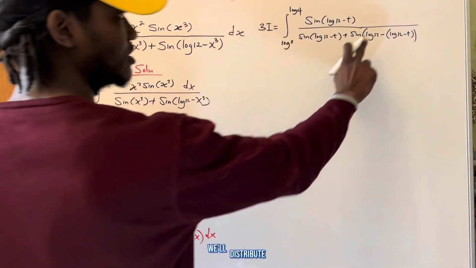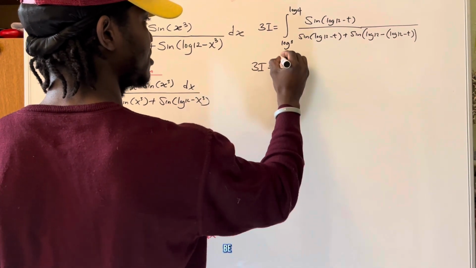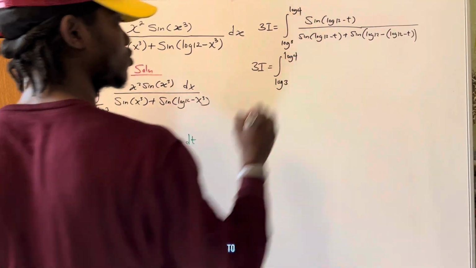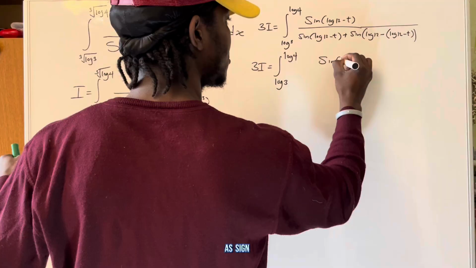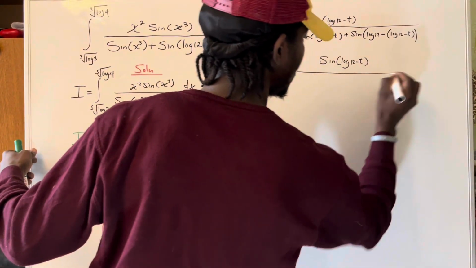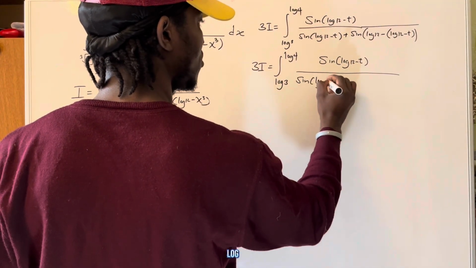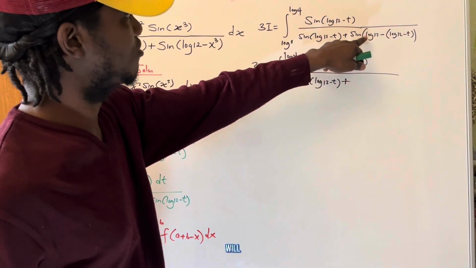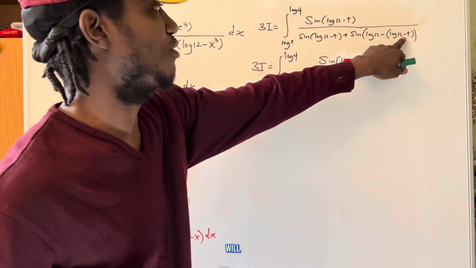In this case, we'll distribute this negative, and we will have 3r equal to the integral from log of 3 to log of 4 of sine log 12 minus t, all over sine log 12 minus t plus, and this will be log 12 minus log 12, that will be 0, and this negative times this negative will be positive t.